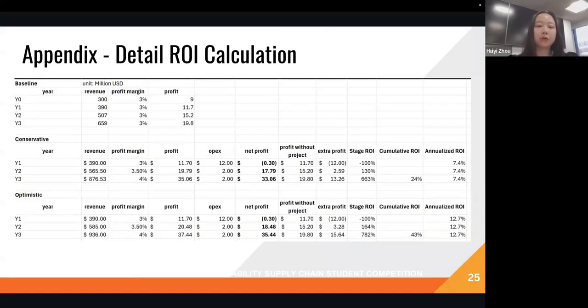Based on this growth, we calculate our ROI assuming $10 million in investments for the setup and $2 million for the operation, which is based on reports by Shunfeng and Jingdong, two other larger logistics businesses in China.